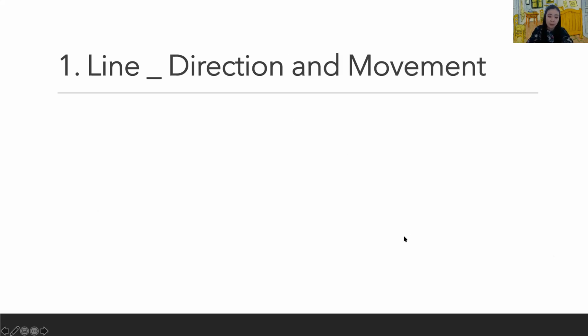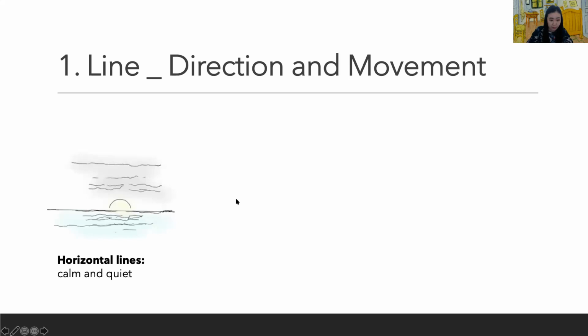And now let's see direction and movement by lines. The direction of a line can convey mood. The first one is horizontal line. Horizontal lines are calm and quiet in art.